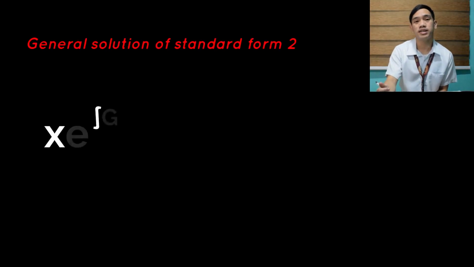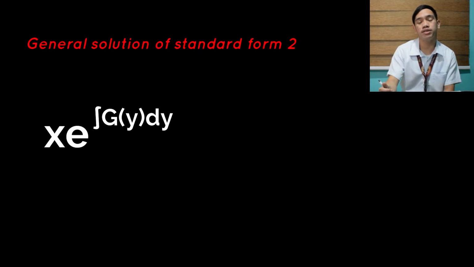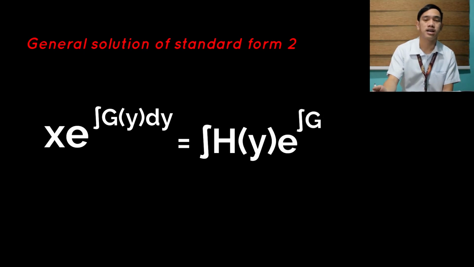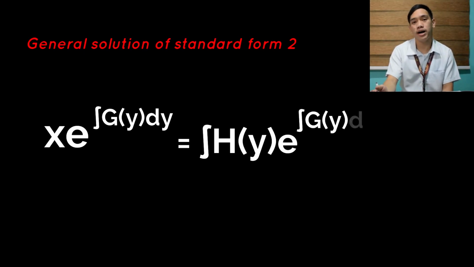For our second standard form, we have a general solution of x times e raised to integral of g of y dy equals integral of h of y times e raised to integral of gy dy plus c.